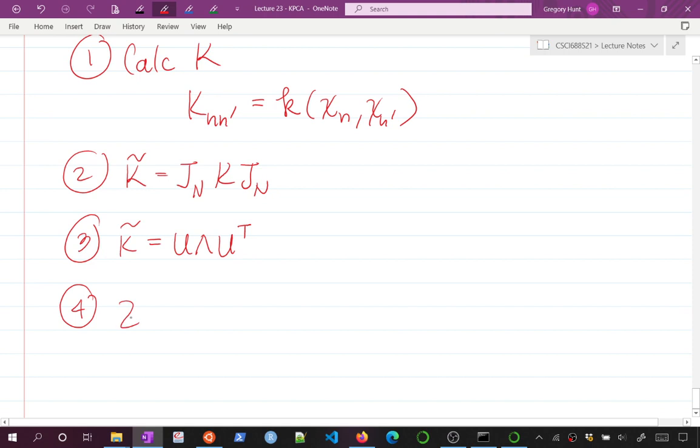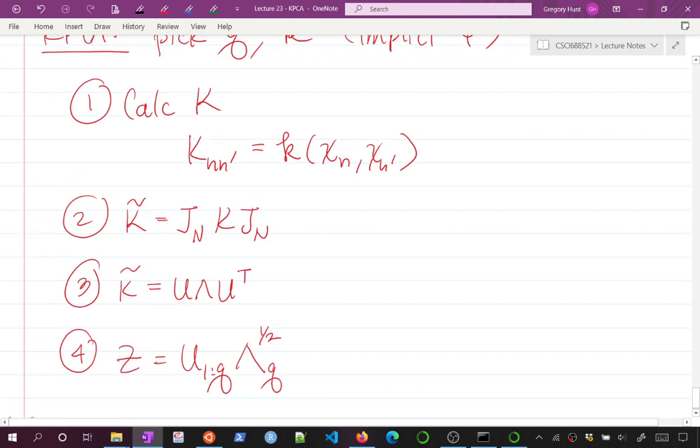Then we calculate our principal components, which is the first Q columns of U, and we multiply by lambda to the 1/2, the Q version of it, which is the Q by Q upper left submatrix of that lambda matrix from the eigen decomposition; we take the square roots of these. And this gives us our projection.